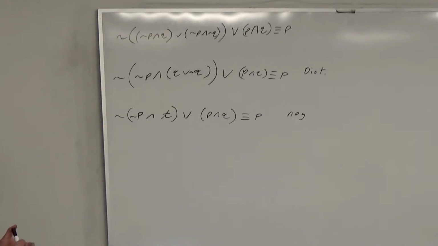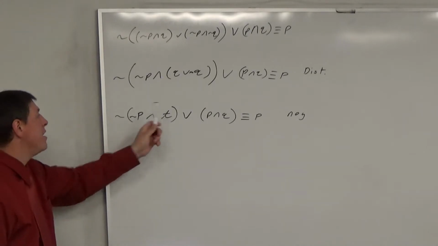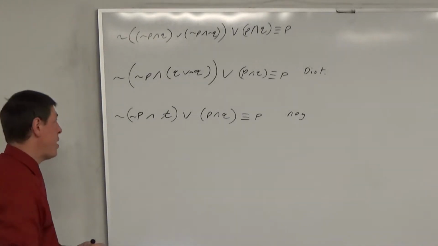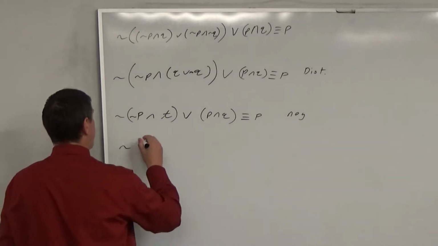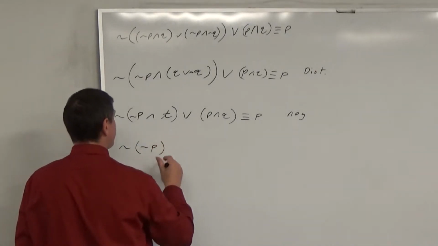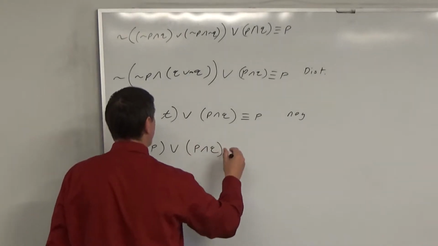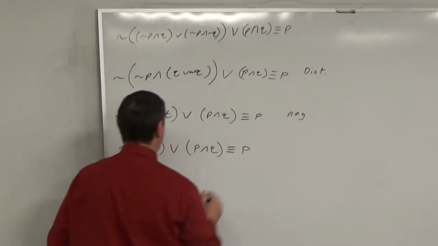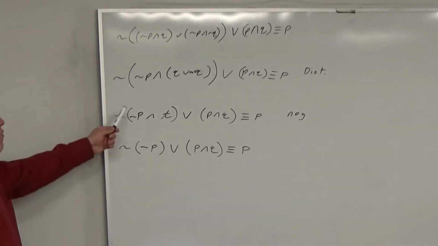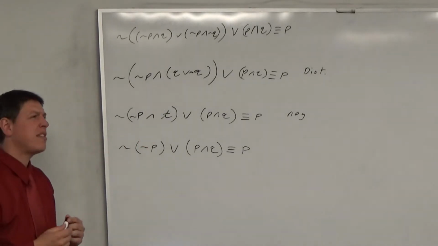Okay. All right. If you look inside the parentheses, not P and T is going to end up being not P. So we have not P or P and Q is equal to P. And what was the rule where you have P and T? Was that the identity?